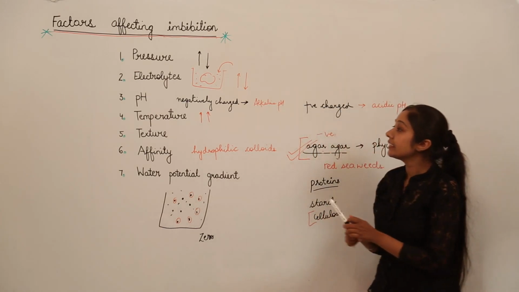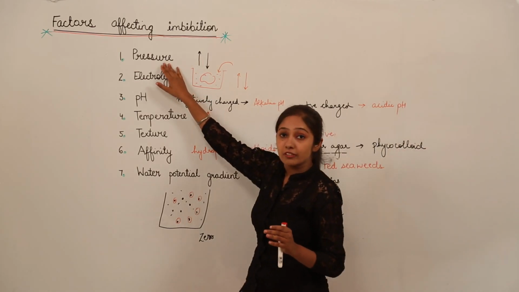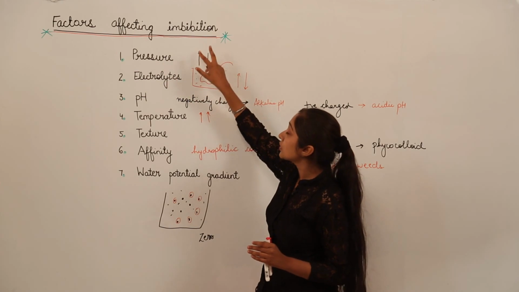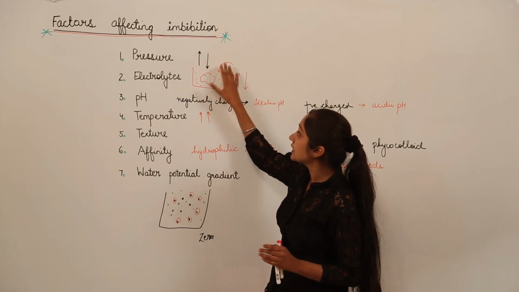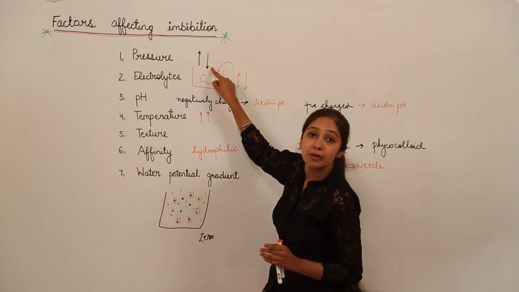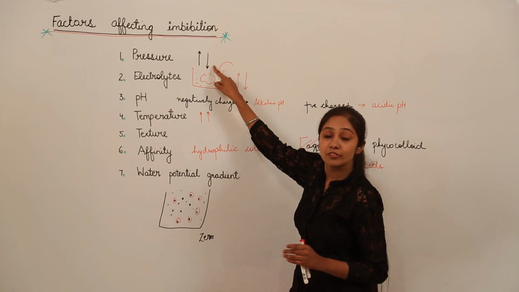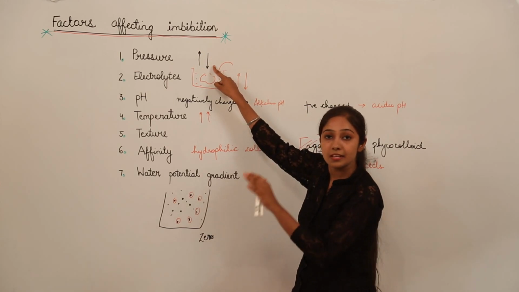Now after studying these factors, let us recall, we have talked about pressure. When we apply pressure to this process, this is going to lead to a reduction in the rate of imbibition. So increasing pressure means reducing the rate of imbibition.